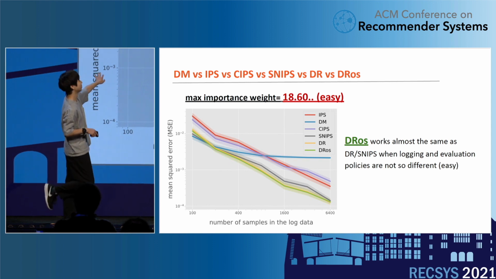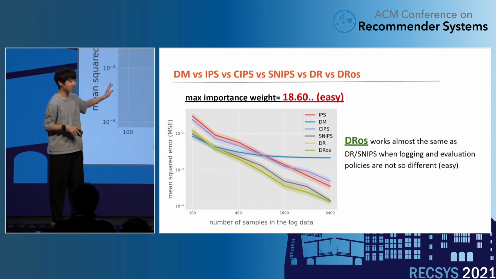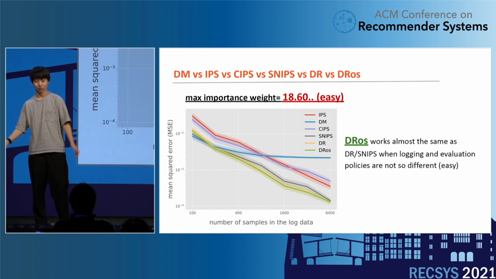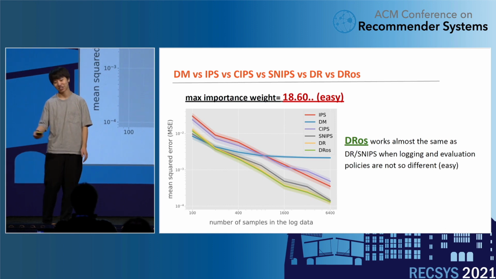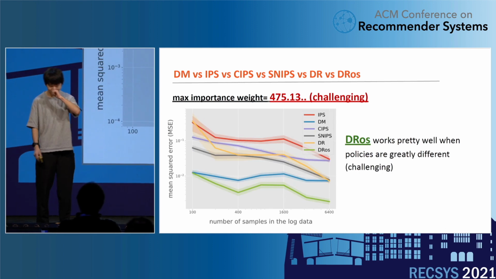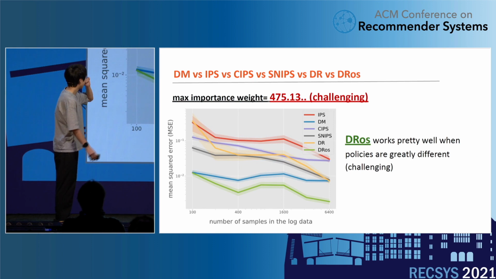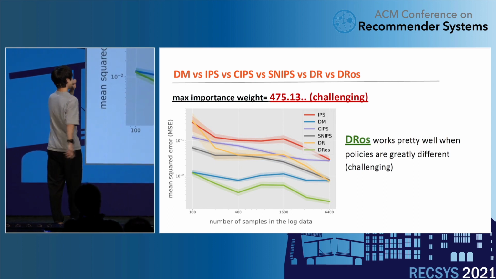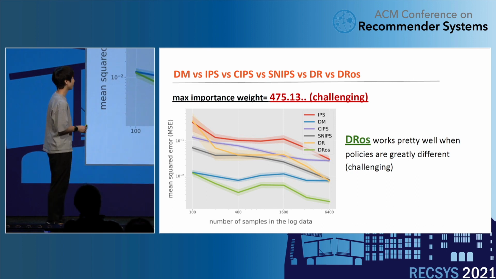But this is just the easy setting. Our main interest is the performance in the difficult, the challenging setting, right? So let's look at the result in the challenging setting here, and yeah, it's doing well. It's doing great. It works pretty well.